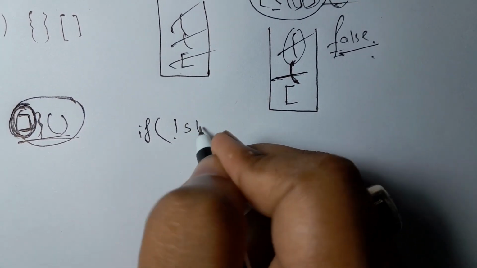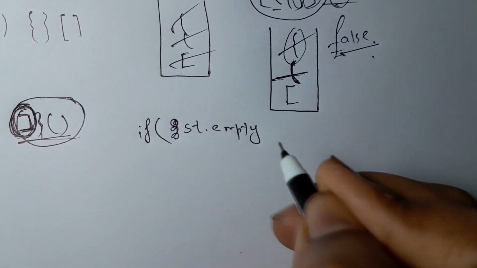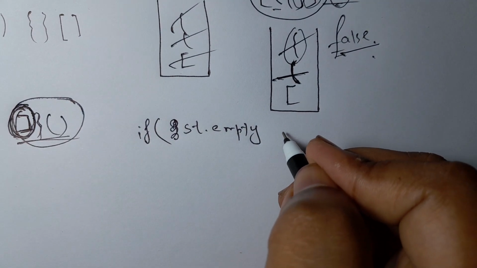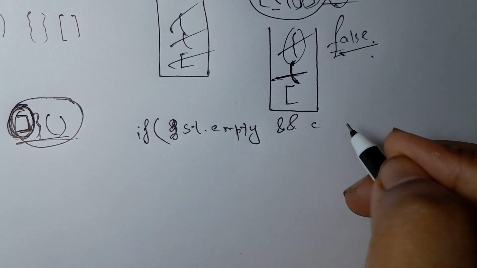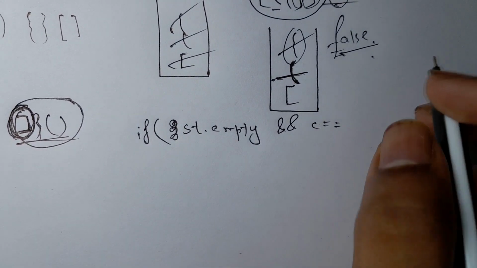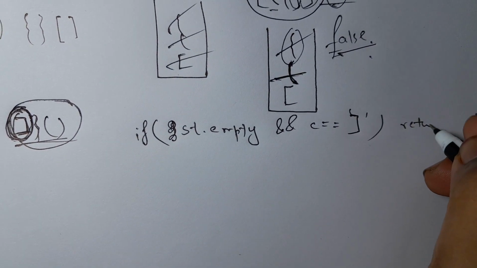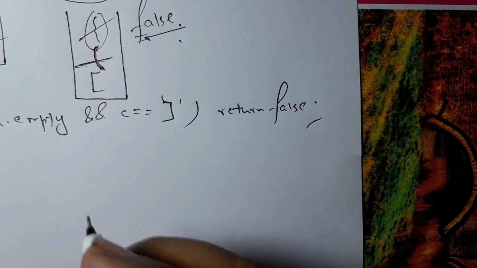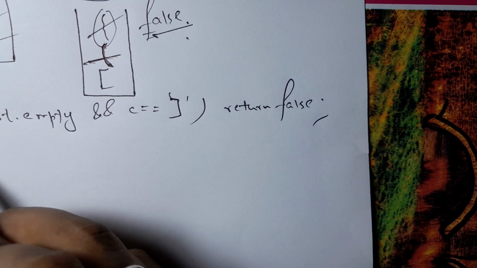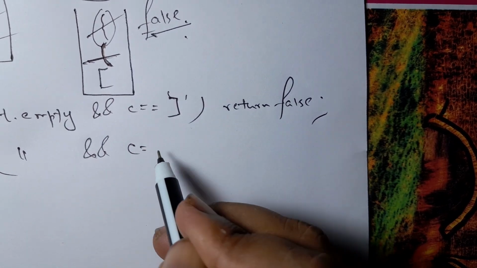So this part of the code will be: if st.empty, which means my stack is empty, and the character is equal to a closing bracket, then simply return false. Hope you can see it now.